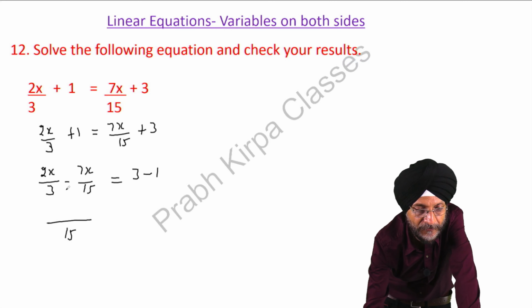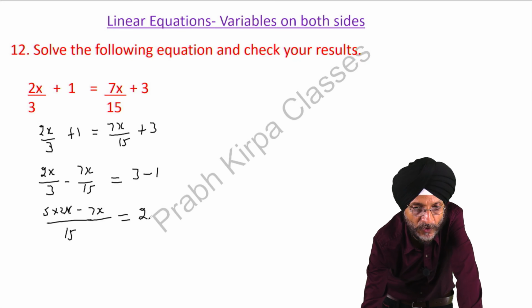The LCM is 15, 3 into 5, 5 into 2x minus 7x is equal to 2.